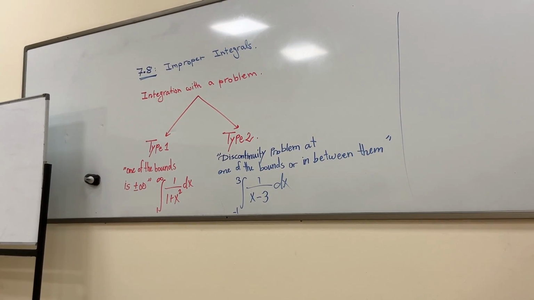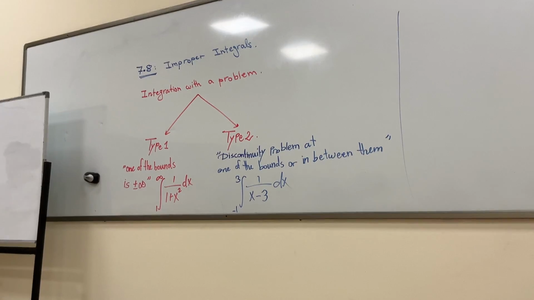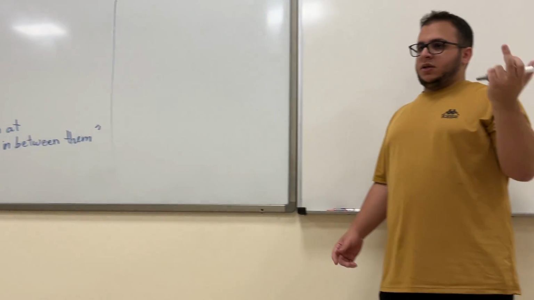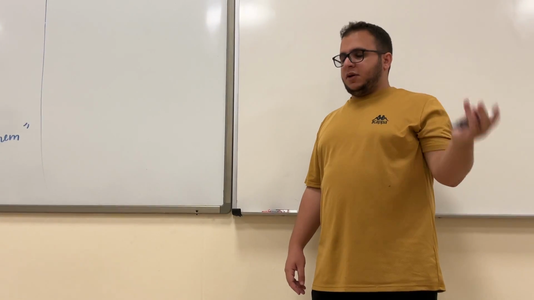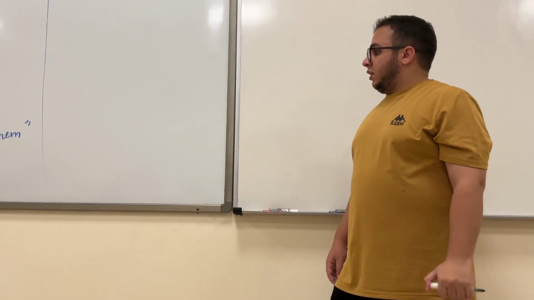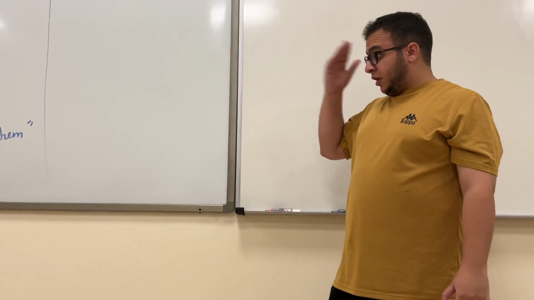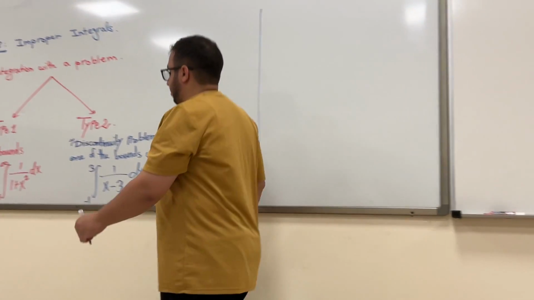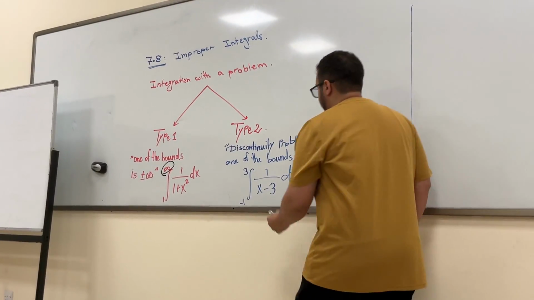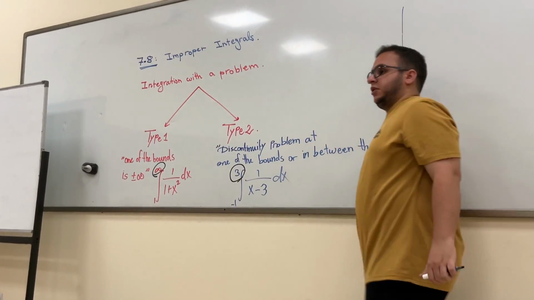So let's take examples. Here I'm not introducing a new technique. It's the same techniques that we did before: by substitution, by parts, partial fraction, trig integration, anything you want. But here you need to account for this type of problems. You have infinity or minus infinity, and you need to account for a discontinuity.